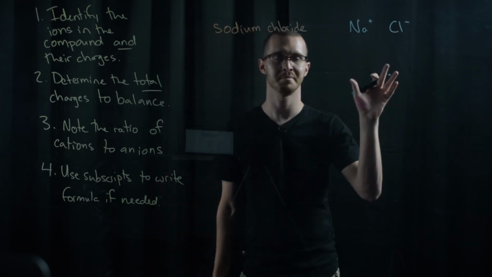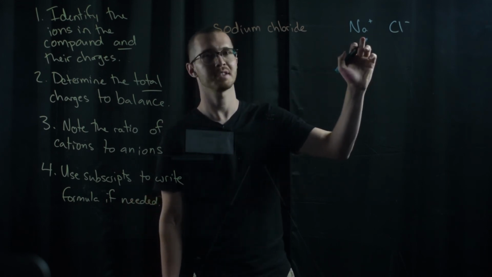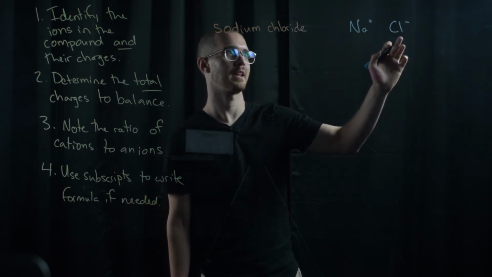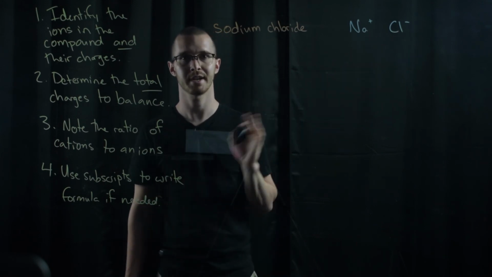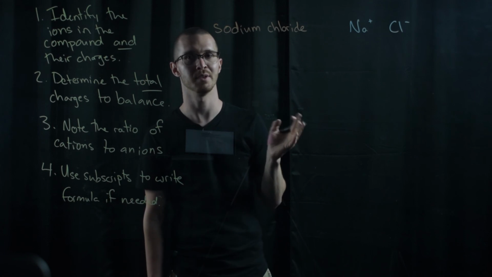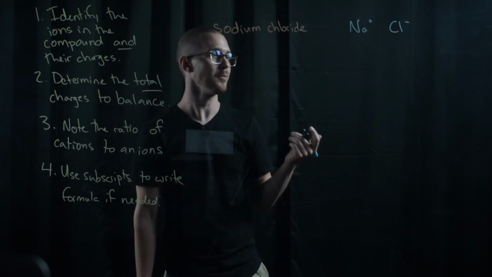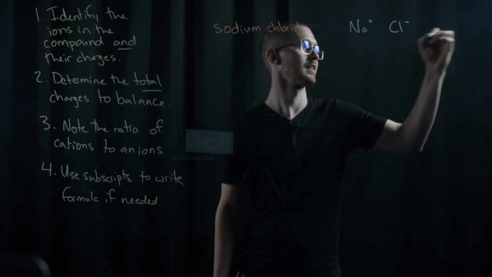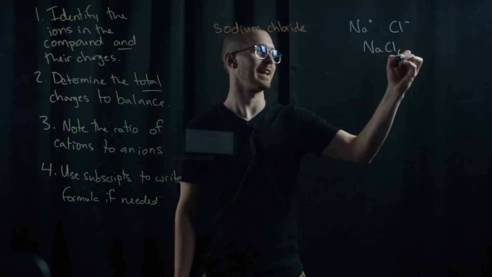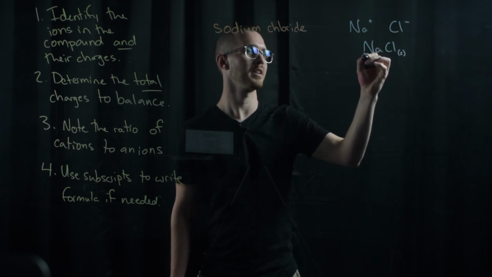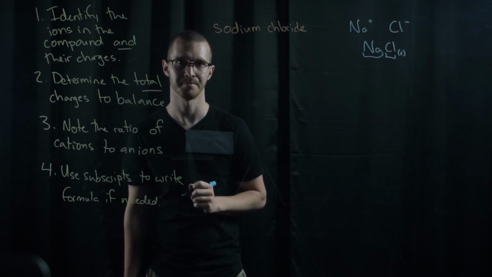We want to make sure this is balanced because an ionic compound is not going to have a charge. So our positive ions should be able to cancel out our negative ions, and vice versa. Now we have 1 positive, 1 negative, so those are going to cancel out just fine. So we don't need to do any balancing. Our ratio is 1 to 1. So now we can write it just as NaCl. And we don't need any subscripts because we only have 1 sodium for 1 chloride ion.